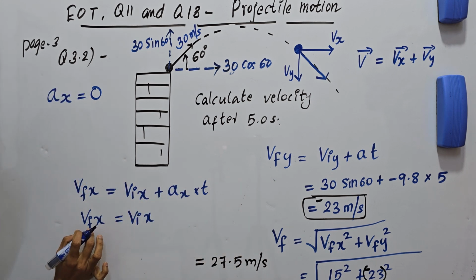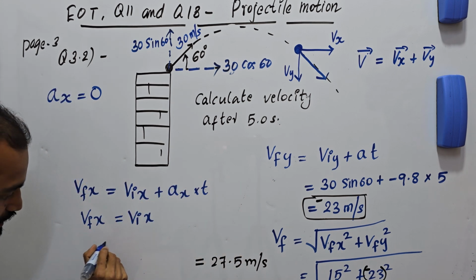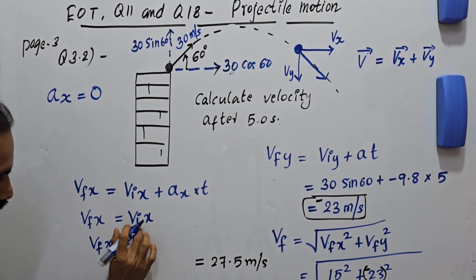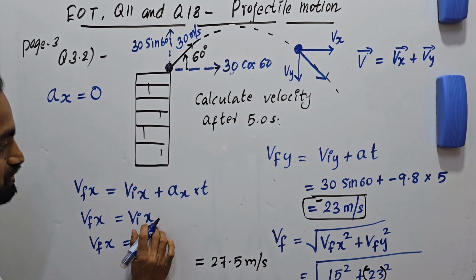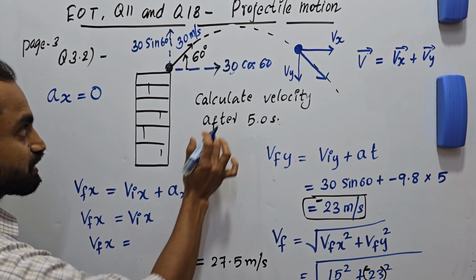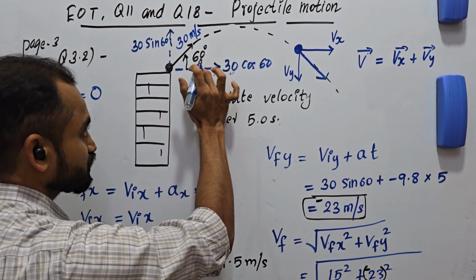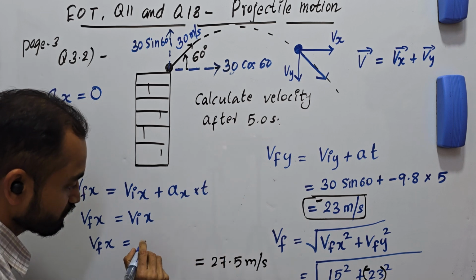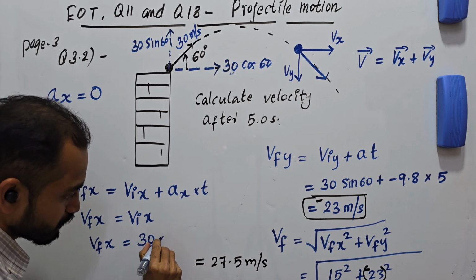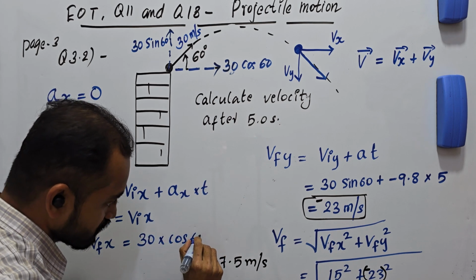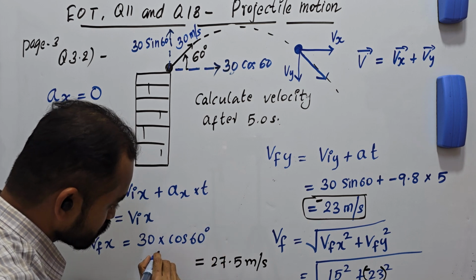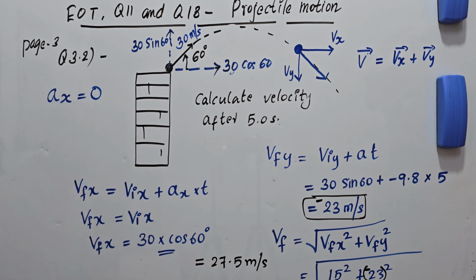So what is V final along the x direction? V final along the x direction is equal to V initial along the x direction. What is V initial along the x direction? V initial along the x direction is 30 cos 60. 30 multiplied by cos 60. So I answered the first question. What was your second question?